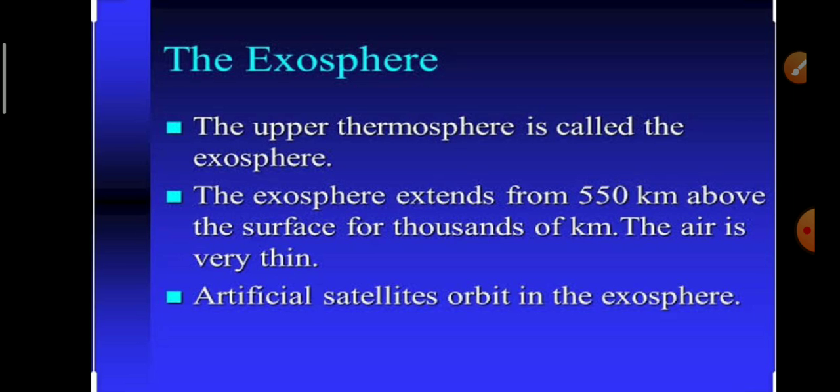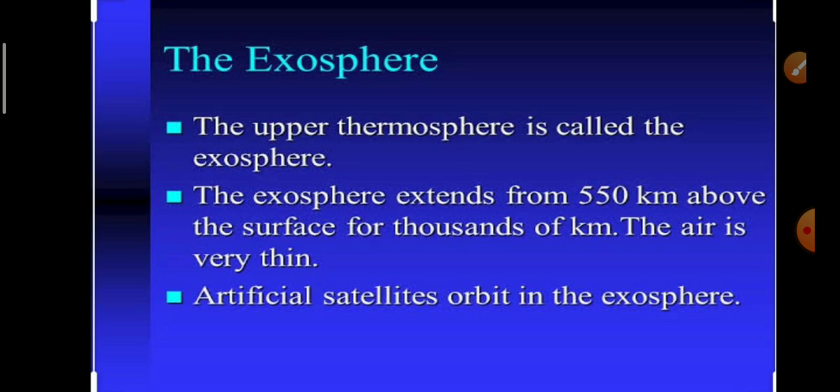Now, exosphere. Beyond the ionosphere is found the uppermost layer of atmosphere extending to 550 to 600 kilometer, beyond up to 1000 kilometer, and it is called exosphere. Here, the air becomes extremely rarefied and pull of the earth is very weak.